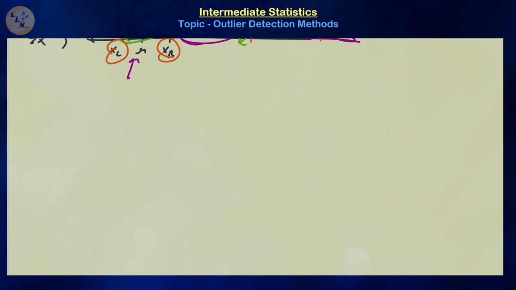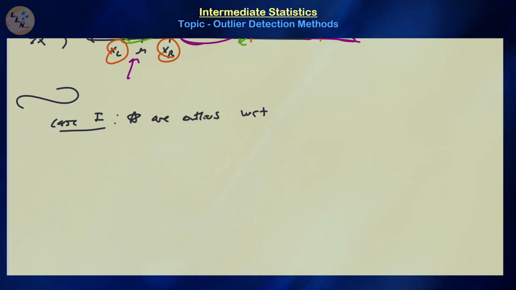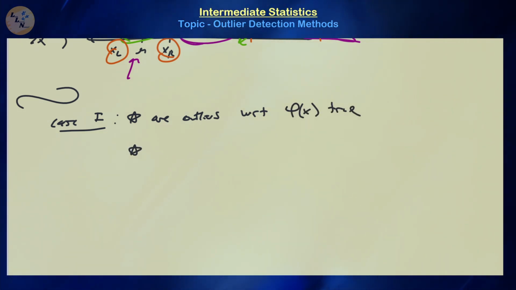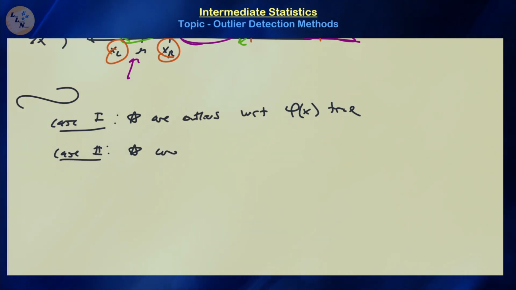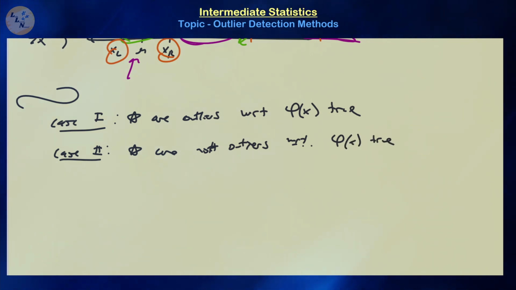So there are definitely two big cases you should be aware of. Case one is the following: the stars are outliers with respect to the true distribution. And case two is that these stars are not outliers with respect to this true distribution.